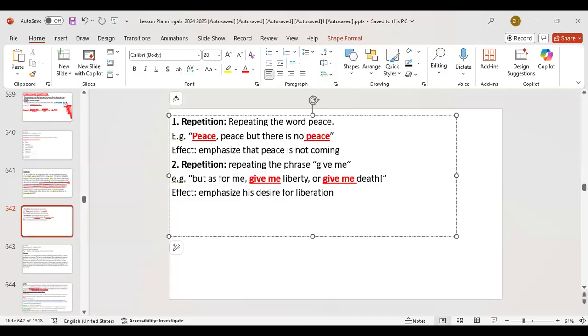We can say the speaker emphasizes that his desire for liberation supersedes his desire for life itself.